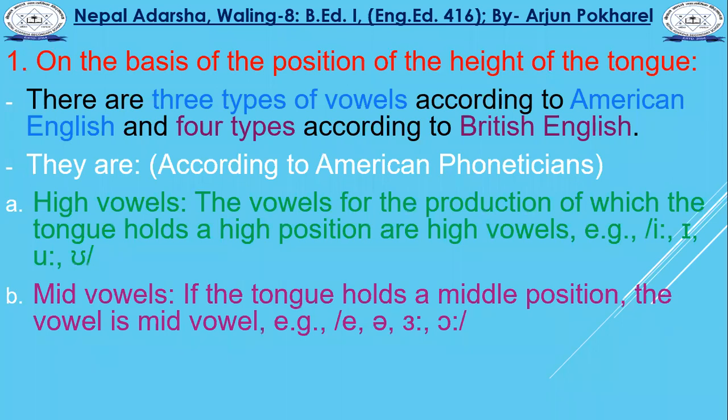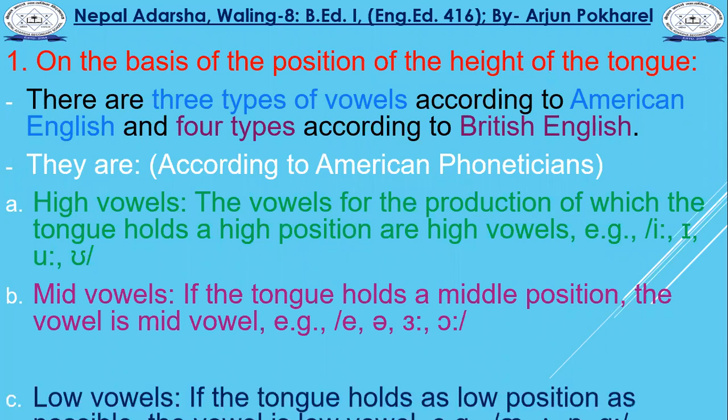Long e and long u hold the position as high as possible, but short e and short u do not hold as high a position as long e and long u do.